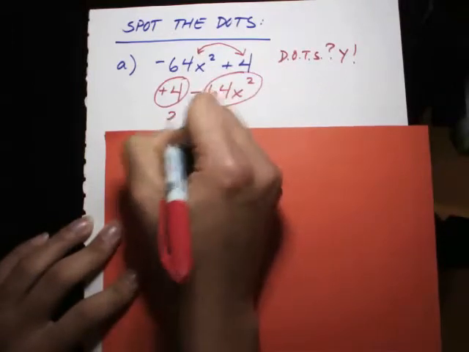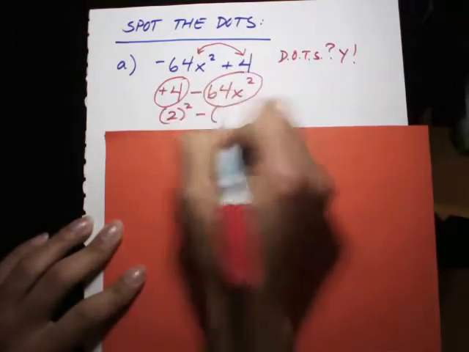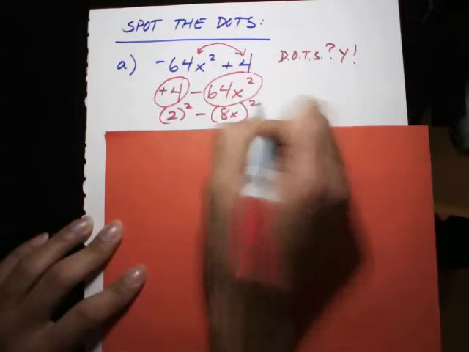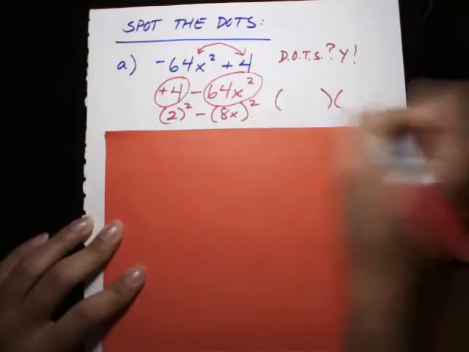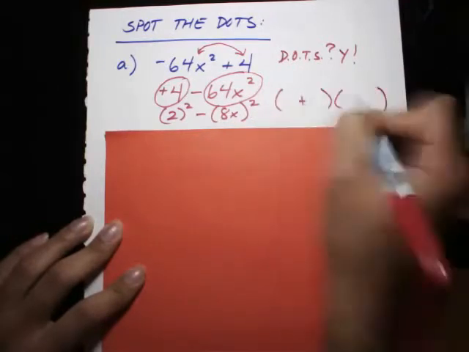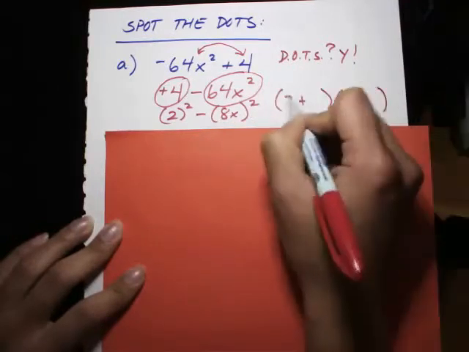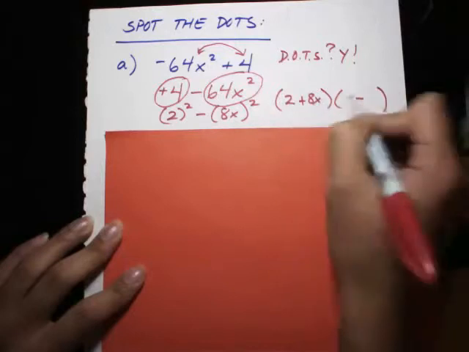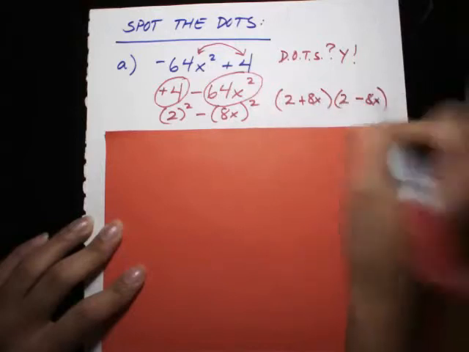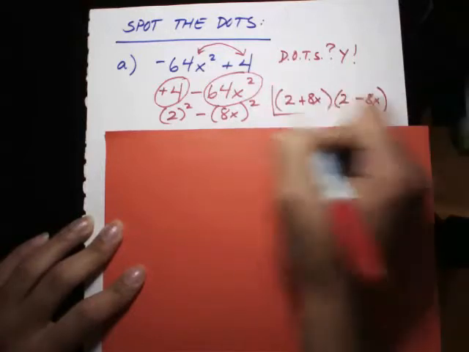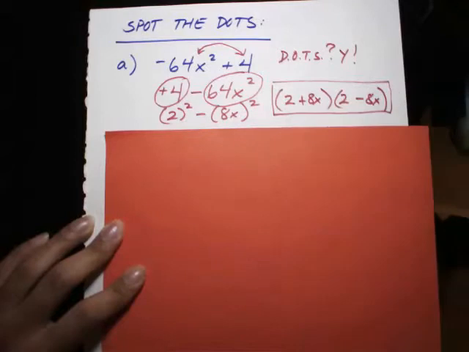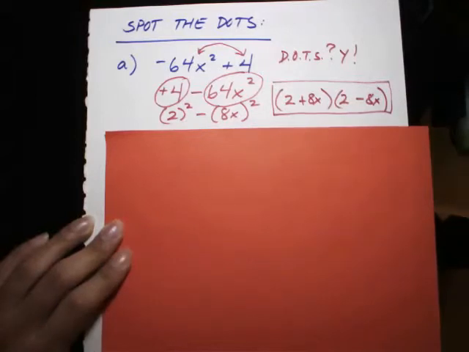And this would be 2 squared minus 8x squared, so if we were to break it out, we can factor it to (2 + 8x)(2 - 8x). This would be your completely factored DOT.